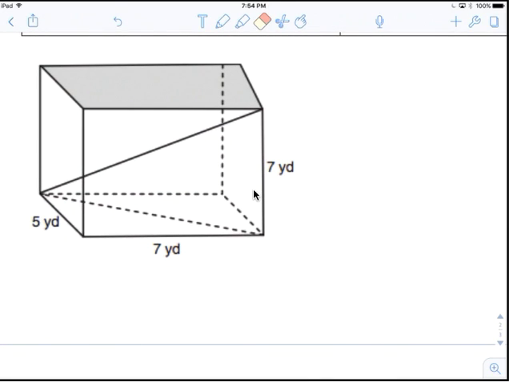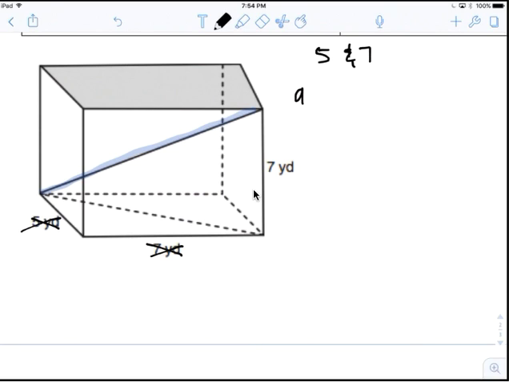Your goal is to find this line right here, the three-dimensional diagonal. It's also the stick we use, to see if it fits into the box or not. To find that, you do the Pythagorean theorem twice. Take these two numbers first, 5 and 7 yards.